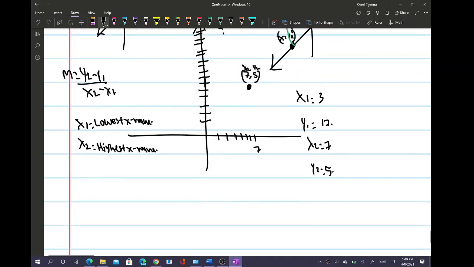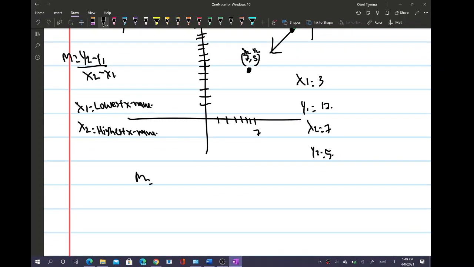So then we have m equals 5 minus 17 over 7 minus 3, right? So then that equals 5 minus 17, that's negative 12. And then 7 minus 3 is 4.